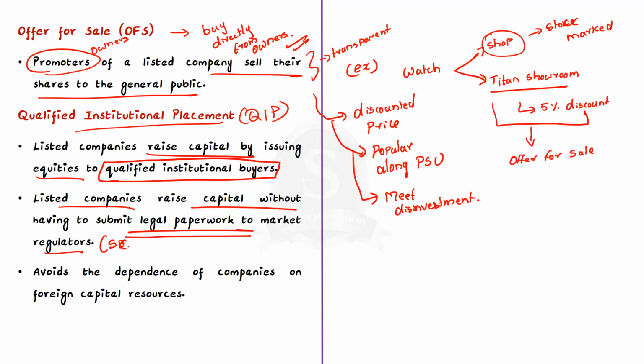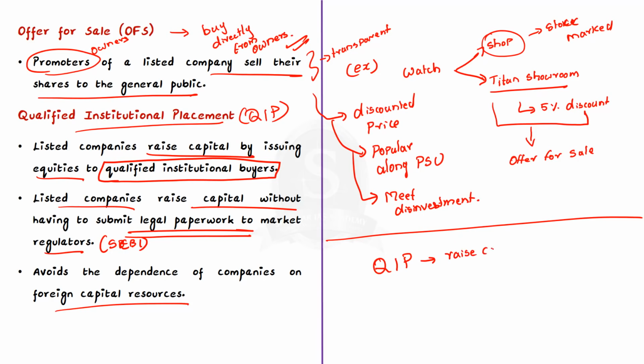It is common in India and other South Asian countries. The SEBI created this rule to avoid dependence of the country on foreign capital sources. So QIP allows an Indian listed company to raise capital from the domestic market without the need to submit any pre-issue filings to the market regulator. Market regulator here is SEBI.